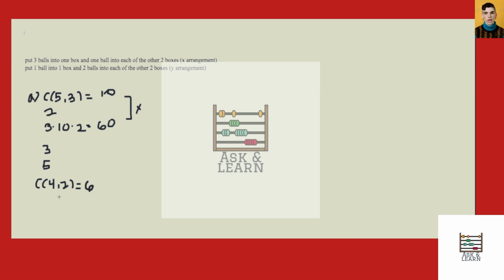So once we multiply this together, we get 3 times 5 times 6, which is 90 possibilities for the Y arrangement. We add both together and we get 150 ways.